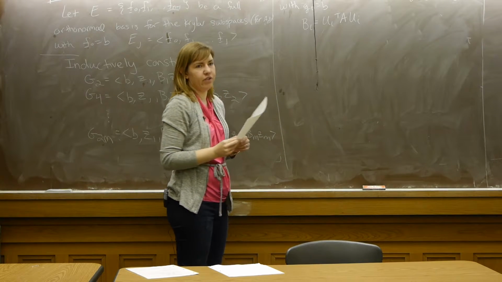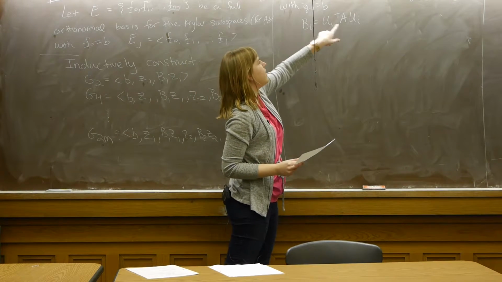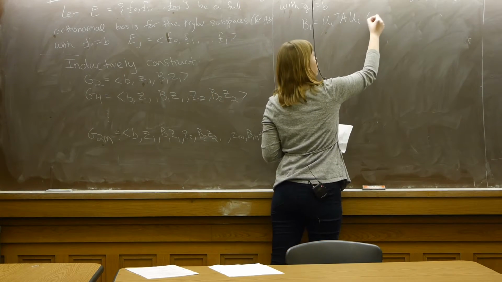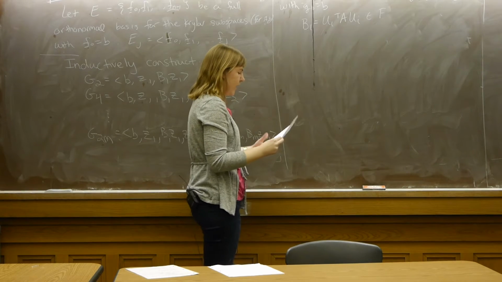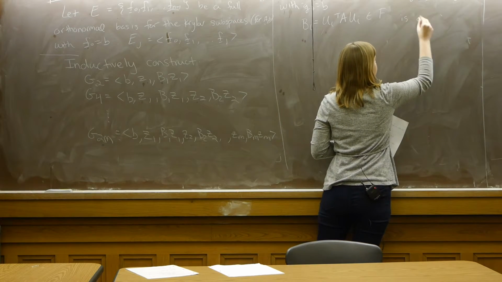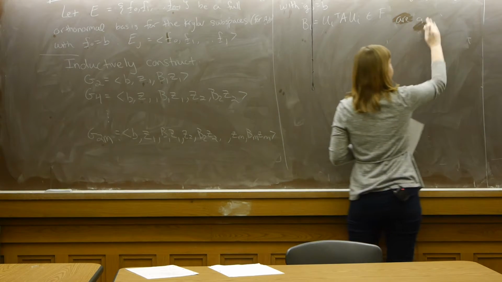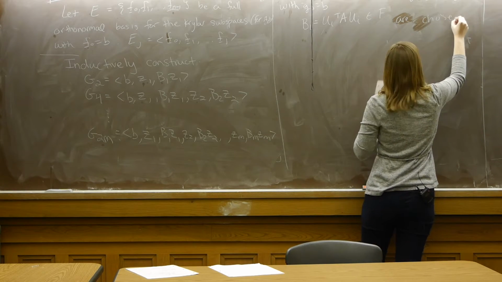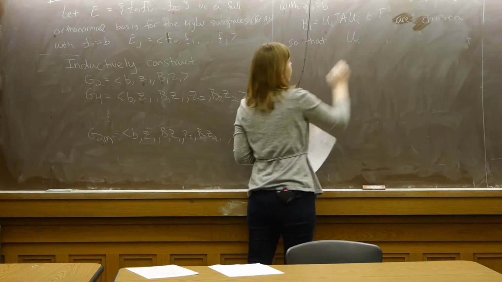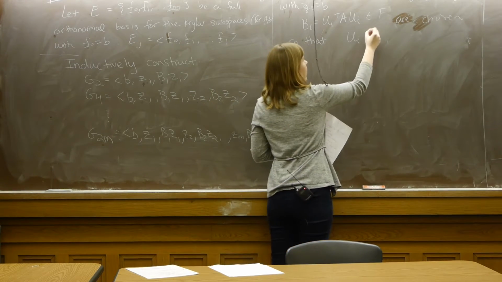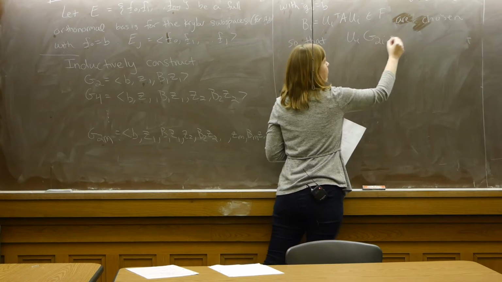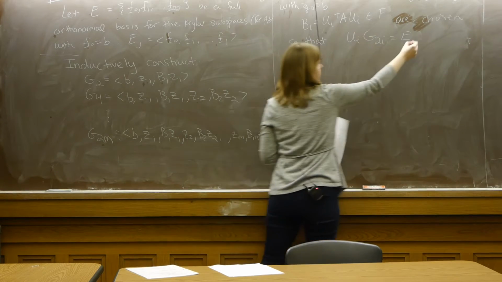So UI is an orthogonal matrix, and because of that, this matrix is in our class of matrices F. And BI is chosen so that the orthogonal matrix UI takes our basis here, G2I, to this basis here, E2I.